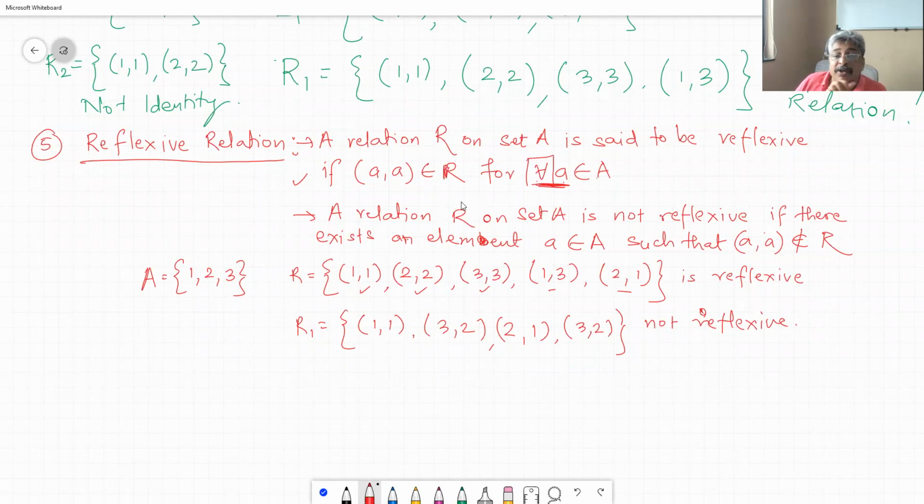Now another thing you can observe: whenever I am writing relation R, I am writing real number R. That is muscle memory which is acting over there. So whenever I am writing capital R, I write it like real numbers. Okay. So this is one part of the story, and you have understood what is reflexive.